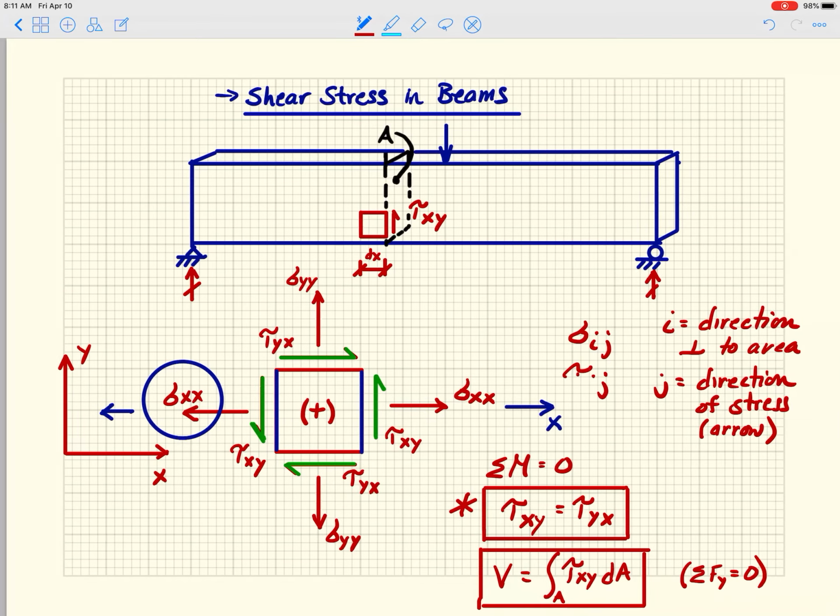Okay, so let me move to shear stress in beams. Up until this point, really what we've been doing is just defining the nomenclature surrounding stress terms.